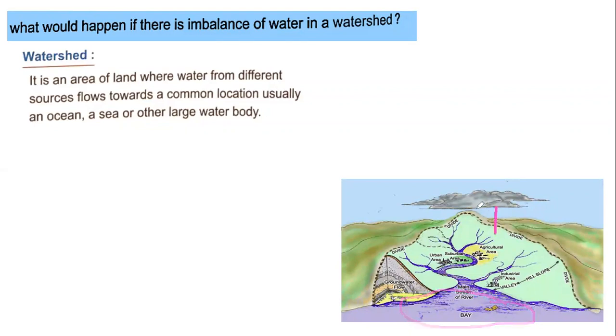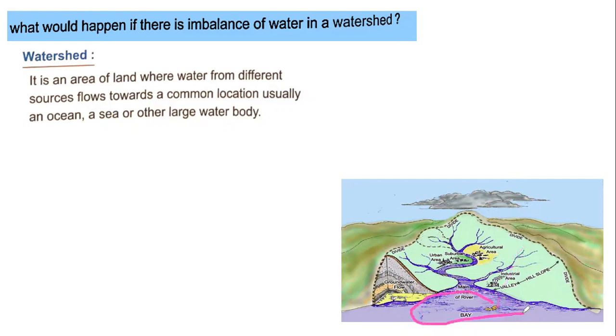When it rains here, all the water collects in this area. So all the water will be collected in this bay. So this bay or this area that the water collects in is called a watershed. Easy? So a watershed is a place where the water is collected.